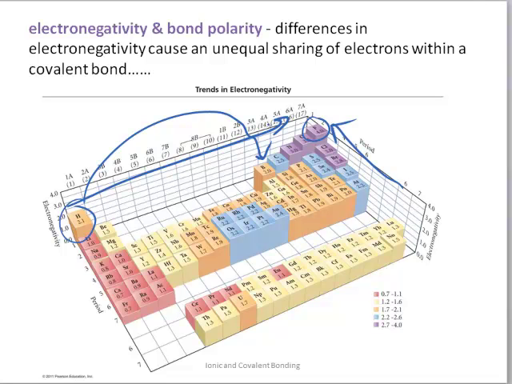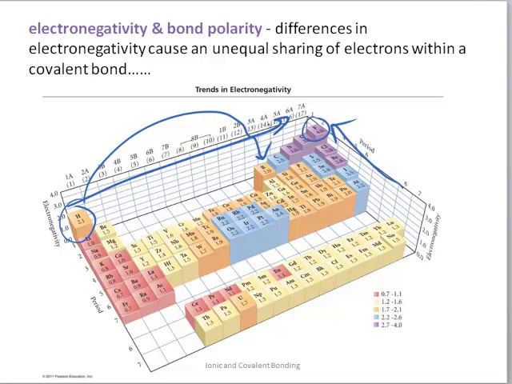But right now, what we're going to see is that differences in electronegativity cause an unequal sharing of electrons within a covalent bond, and of course, if that difference is too large, it actually turns into an ionic bond.